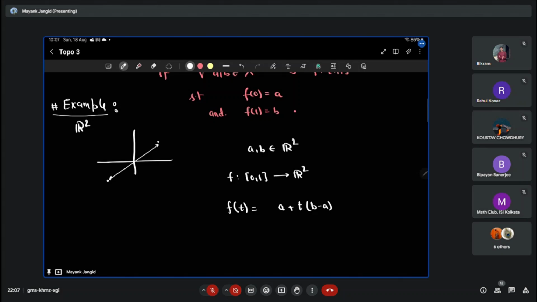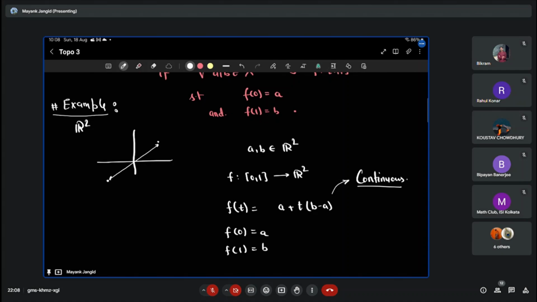This is a continuous function such that f(0) is a and f(1) is b. So for any 2 points of R2 I can find a continuous map like this. Therefore R2 is path connected. You can also draw some peculiar paths, but this works.